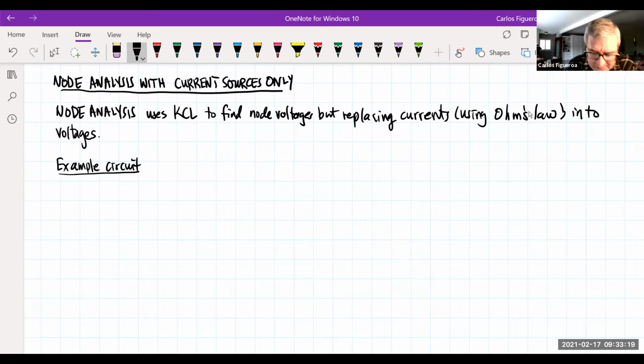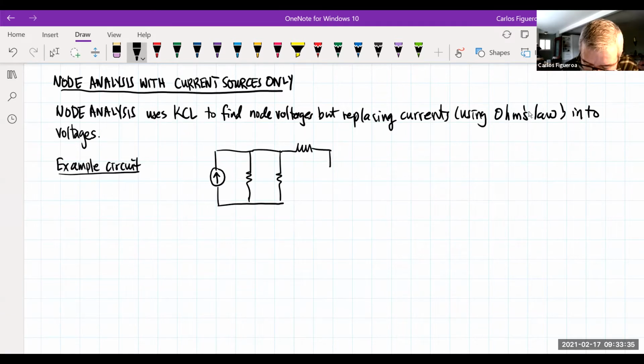If I look at my example circuit, let me draw a current source with 2 resistors, and then a resistor as a bridge. Then I'm going to have a second current source, and this time that current source is in the opposite direction.